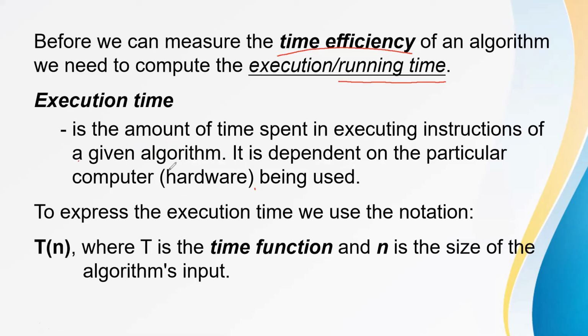And it is dependent on the particular hardware specifications of the computer being used. Now, we express this execution time or running time as a function, t of n. That's the notation, where t is the time function and n is the size of the algorithm's input.